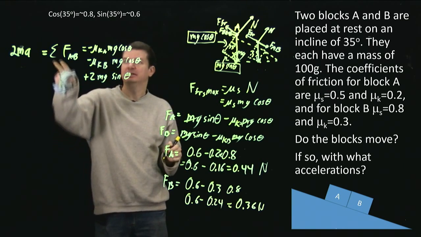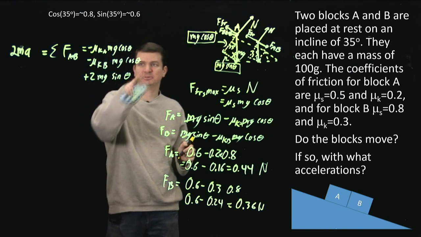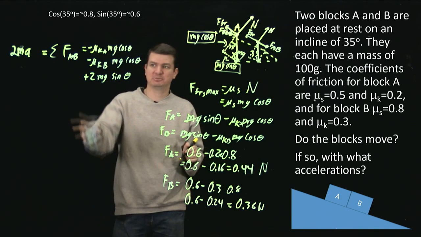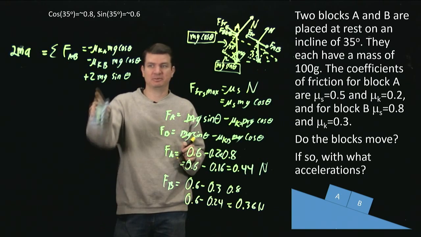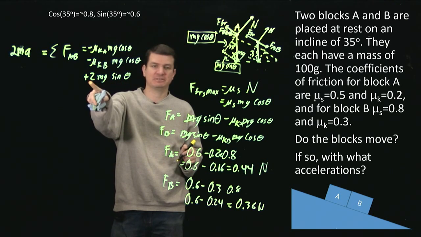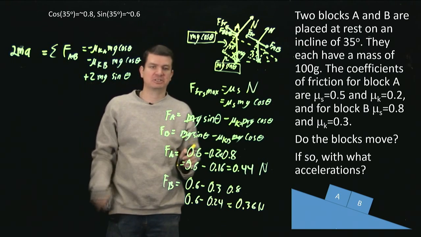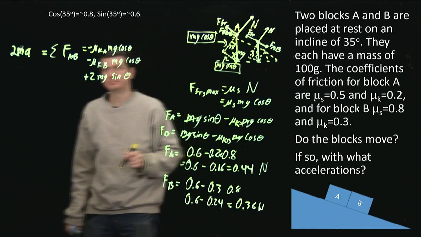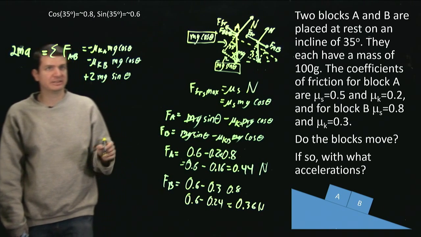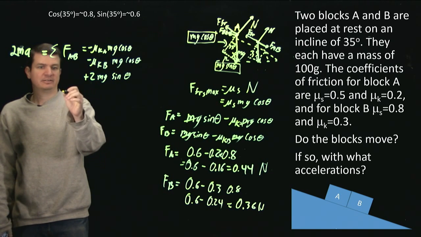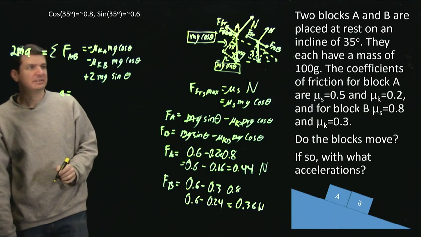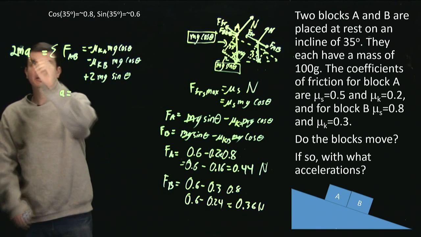So 2ma is equal to the sum of the forces, which are the net forces. We've got gravity acting on both blocks, which gave us a factor of 2, minus the friction on either one. So then we'll put all this together. Okay, so therefore a is equal to, we can divide the m's out.